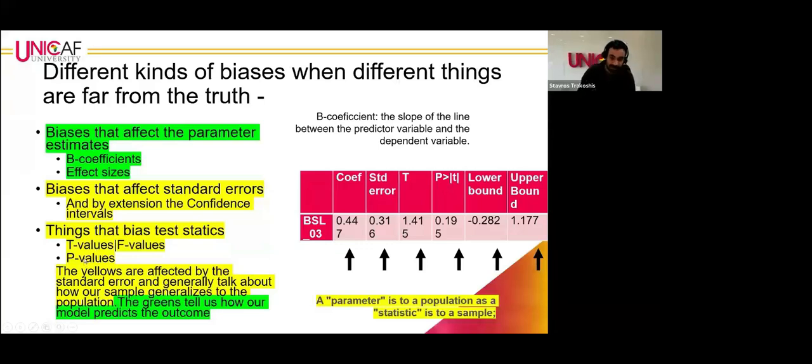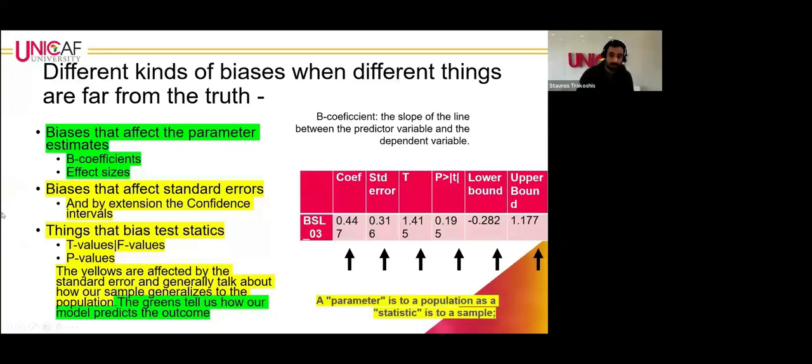So if test statistics are far from the truth, like t-tests and p-values and f-tests, there are probably some issues in my model when I want to generalize it to the population, to samples that I have not yet measured.